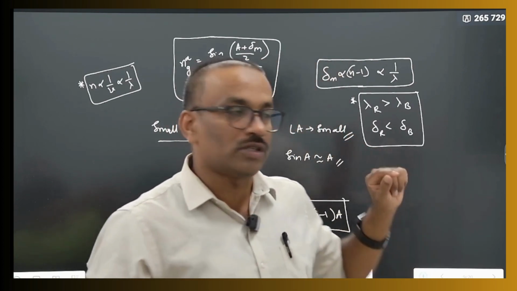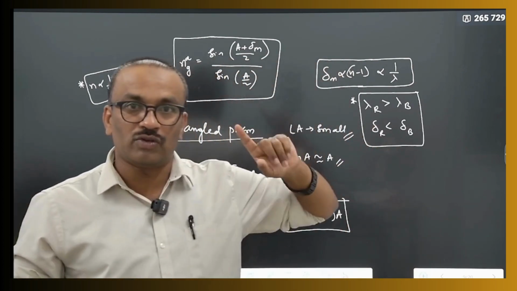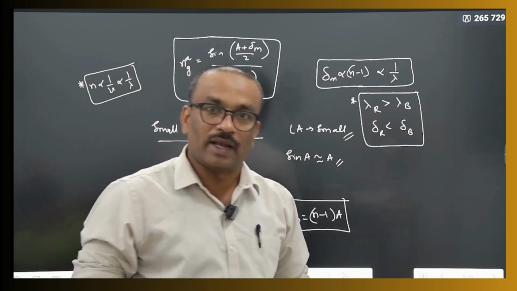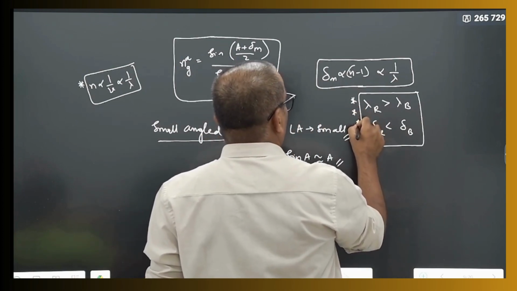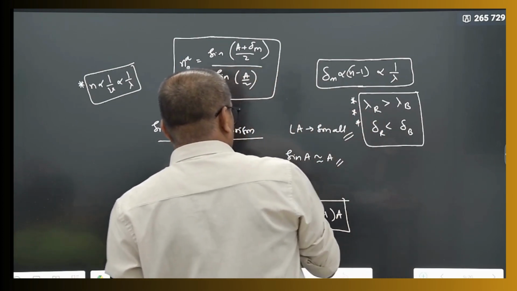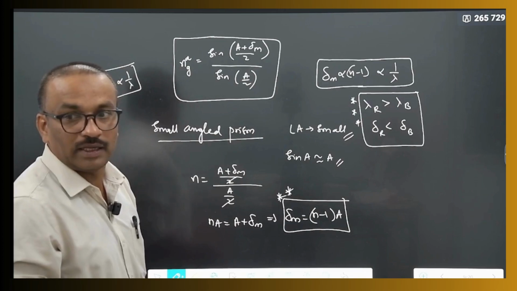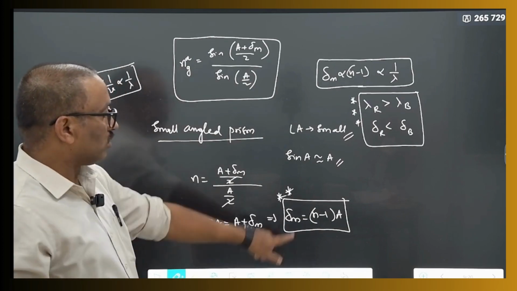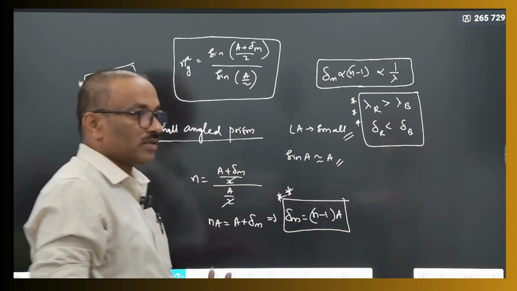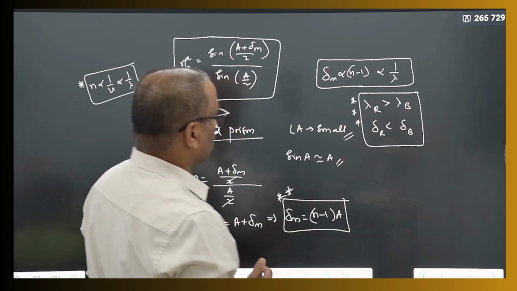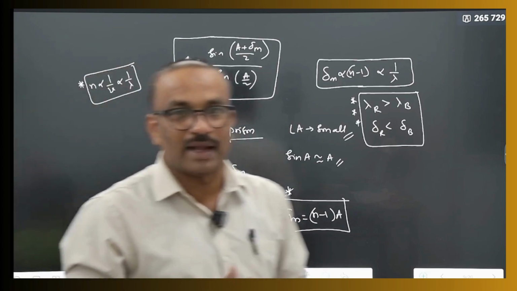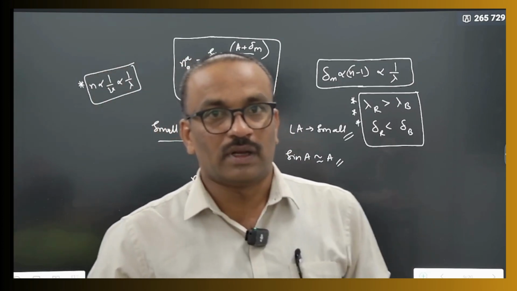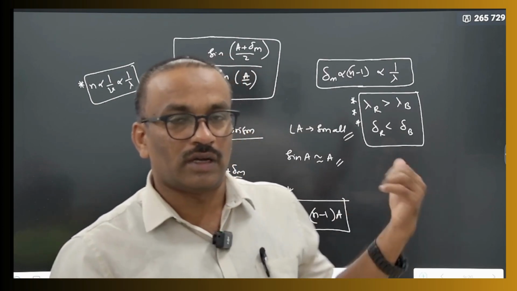That's why throughout these experiments we used only monochromatic light. Understand? This observation is important, and this formula is also slightly important. We will also discuss this in the dispersion concept, just remember this.